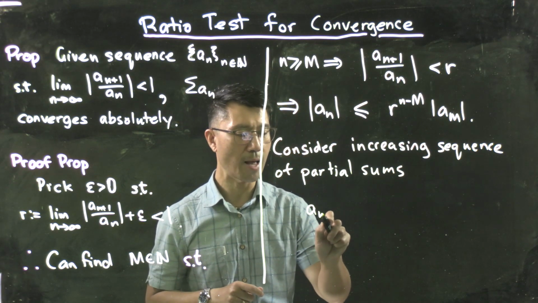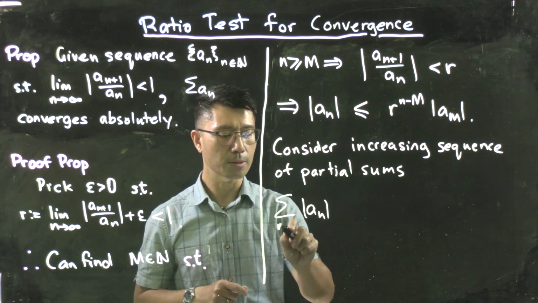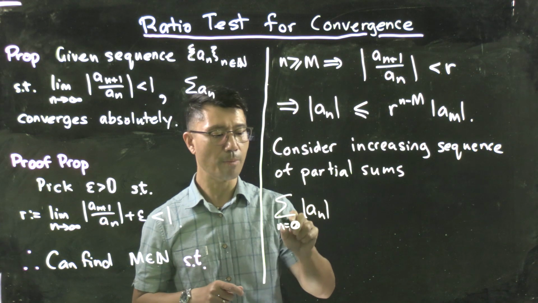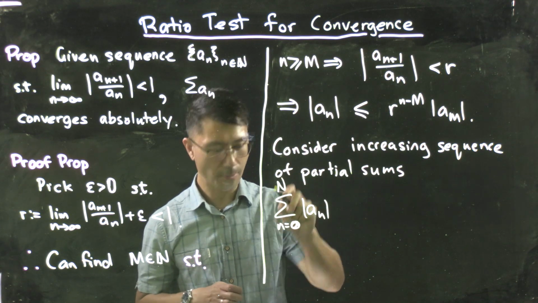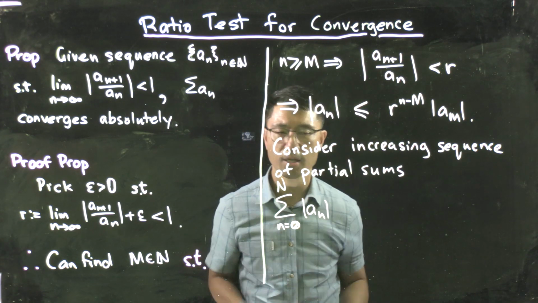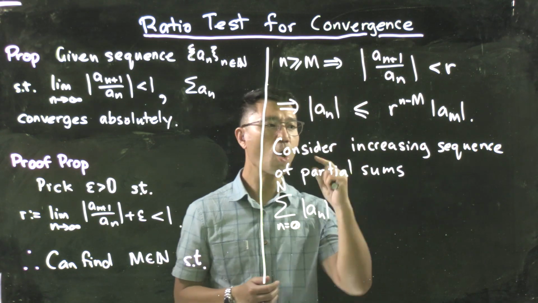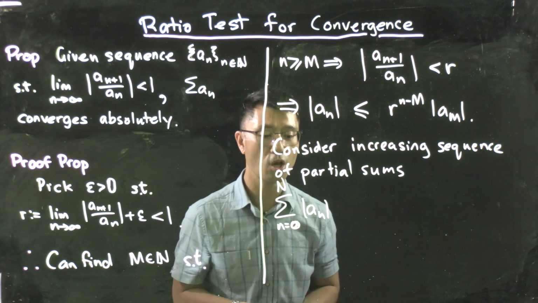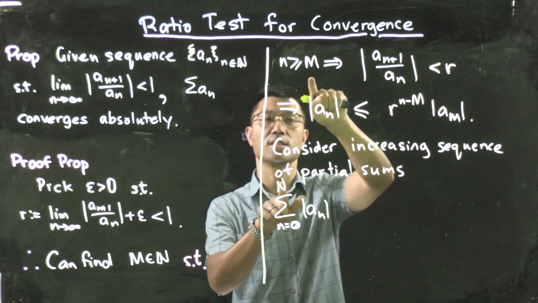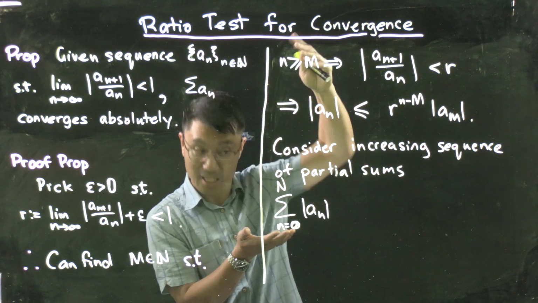So we want to look at the absolute values of these terms, and look at the sum from n equals 0 up to some big capital N, take the limit of this, and show that the limit exists. Well, this is an increasing sequence, so to show that the limit exists, we just have to show this is bounded. So let's bound this, and let's suppose this N is at least as big as m, because of course you only need to see what happens as N is big.